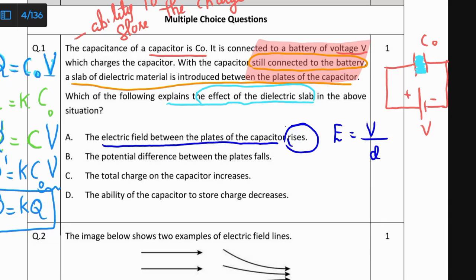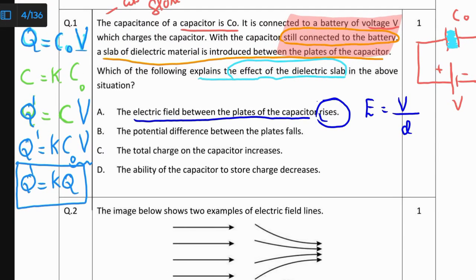Here they said it increases, so this option is wrong. Once again, electric field depends on the potential difference and the distance between the plates. Since the battery voltage is constant and the separation d also remains the same, we can say that E remains constant. So the electric field does not increase.